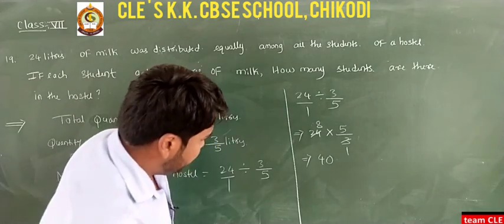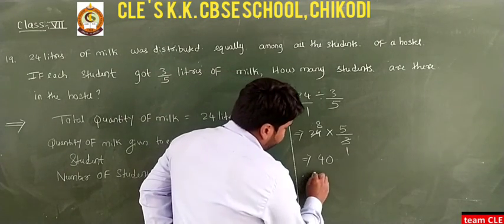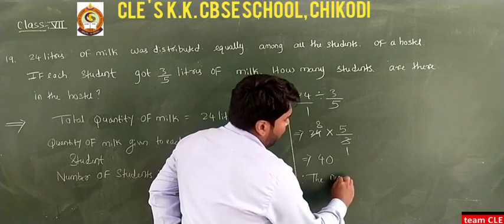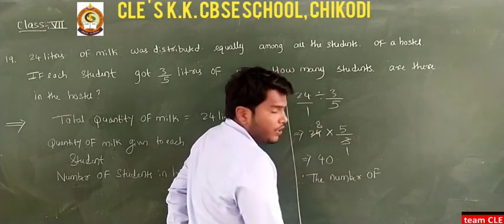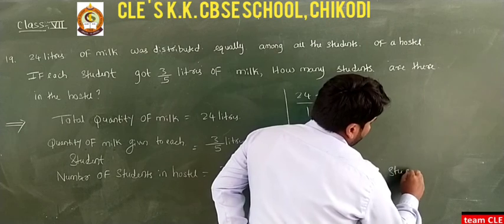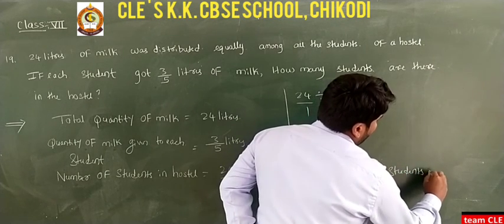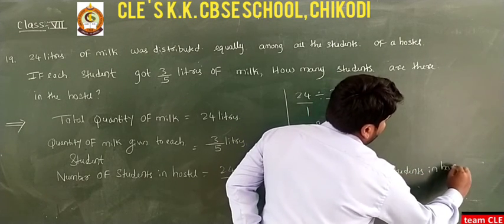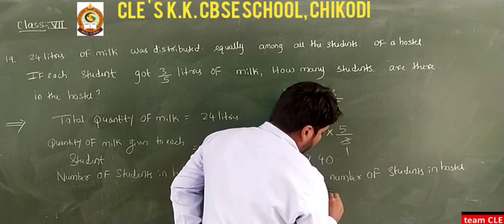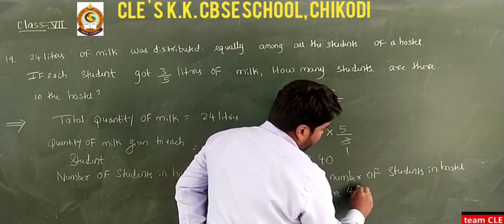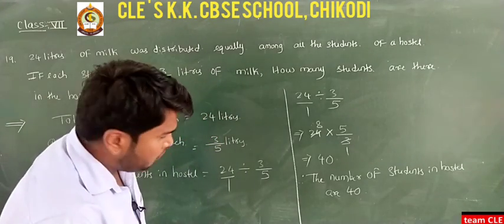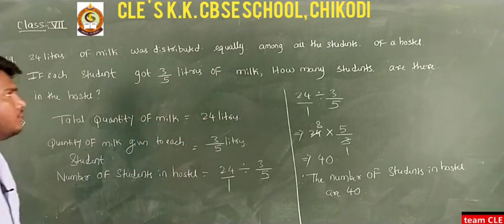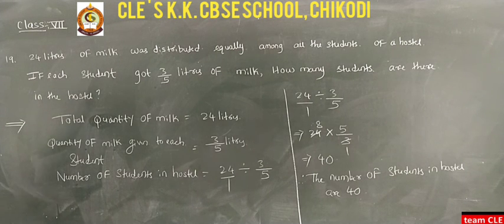So the number of students in the hostel is 40. Please note down this problem. And this completes your exercise number 2.1.